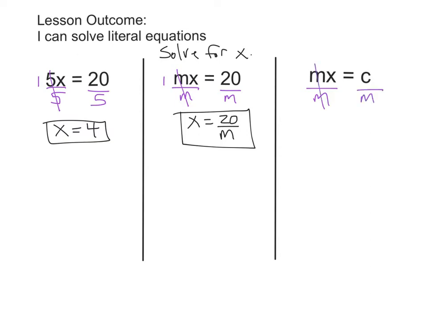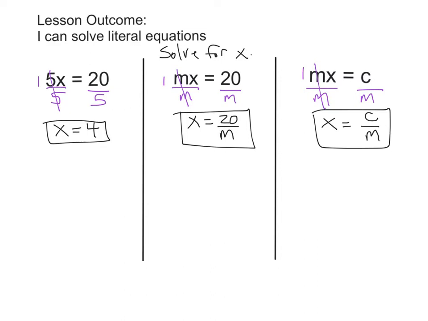The m's, again, m over m is 1, so we have x equals c over m. And that is our answer for this question. Solve for x, we have x is equal to c over m.